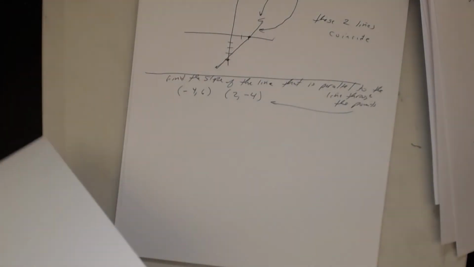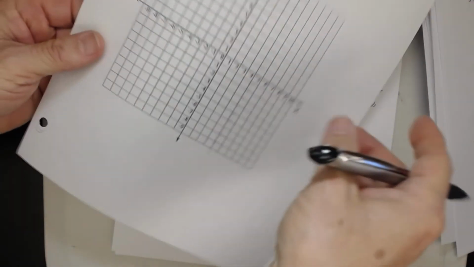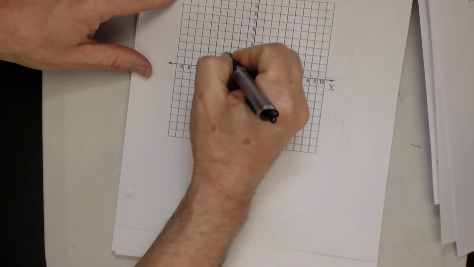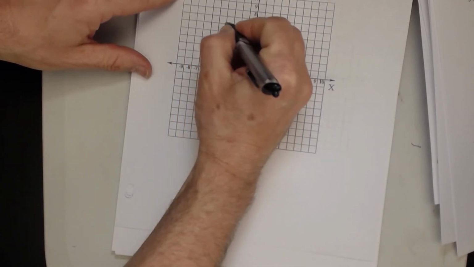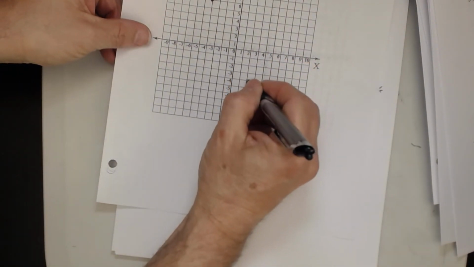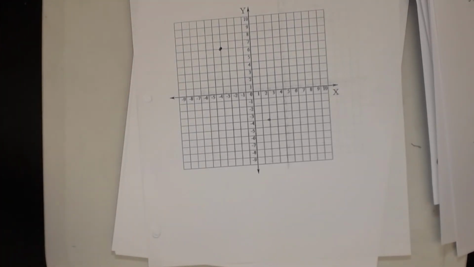Okay, so basically what this is saying is this. If I plot those 2 points here, negative 4, 6, which is here, and then 2, negative 4, which is here. All right, so you see I plotted those 2 points, right? And I'm drawing the line.